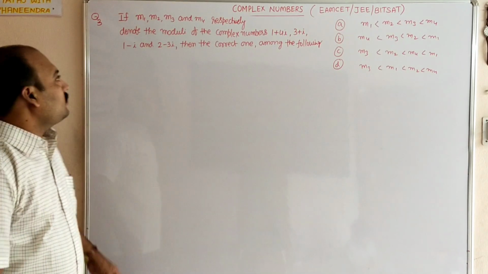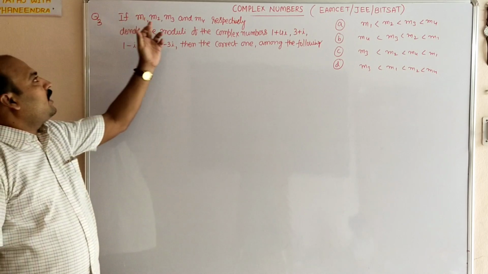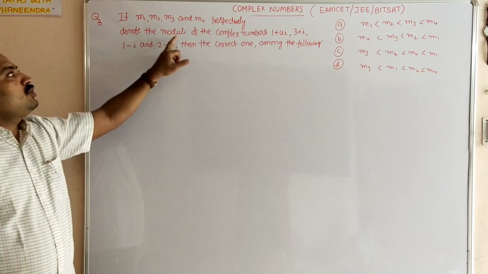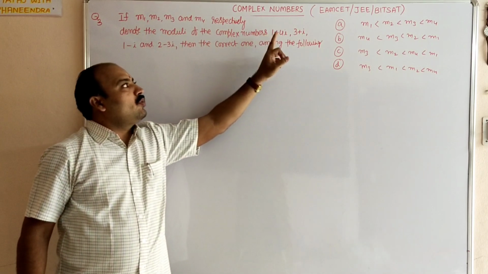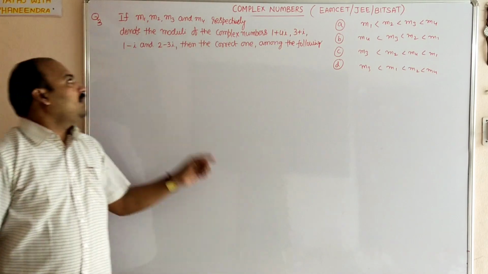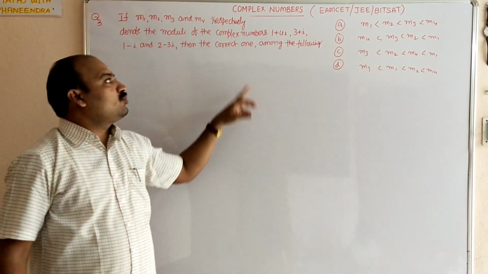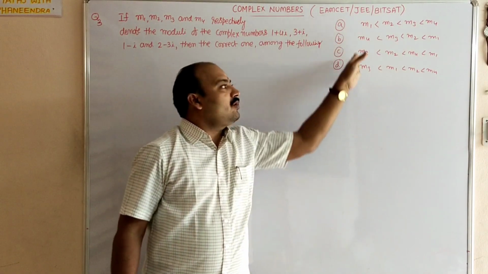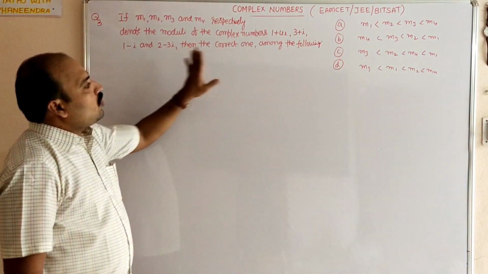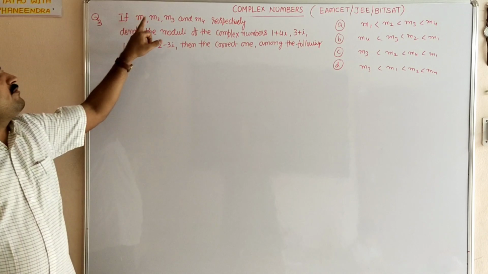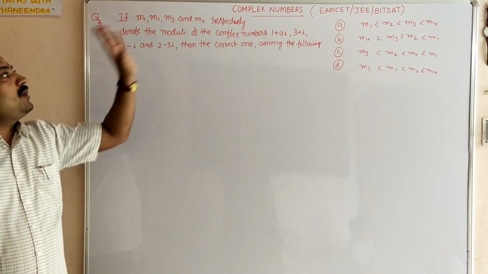The next question. If M1, M2, M3 and M4 respectively denote the moduli of the complex numbers 1 plus 4i, 3 plus i, 1 minus i and 2 minus 3i, then the correct one among the following. These are the options. See here, 4 complex numbers are given whose moduli are M1, M2, M3 and M4.